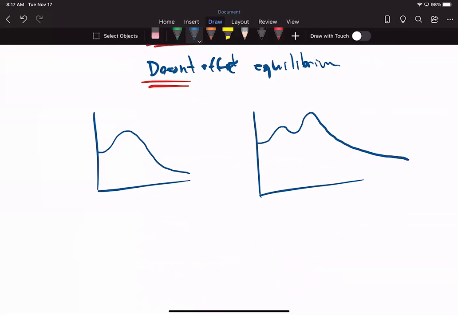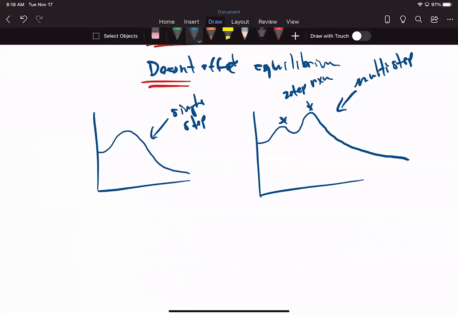Where here, this is done in a single step. So this reaction took place in a single step, while this was a multi-step reaction, right? Because we see the two peaks, this was a two-step reaction, right?